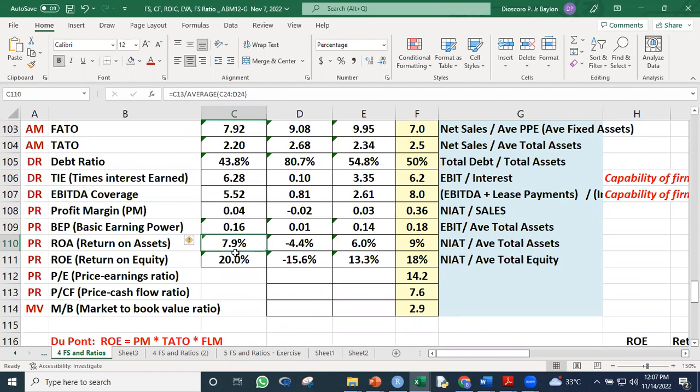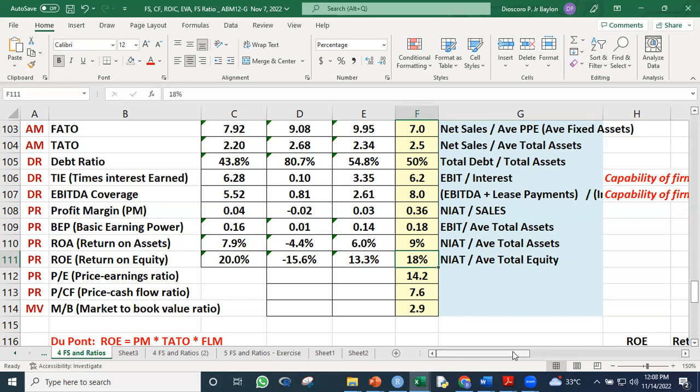Okay, the same thing guys for return on equity. Ang tinitingnan natin diyan yung bawat piso na kinontribute ng shareholder, no? Kasi yung equity. So which means that for every 1 peso of investment made by the shareholder, the company generated profit of 20 centavos. Okay, talo pa nga nila yung direct competitor, no?